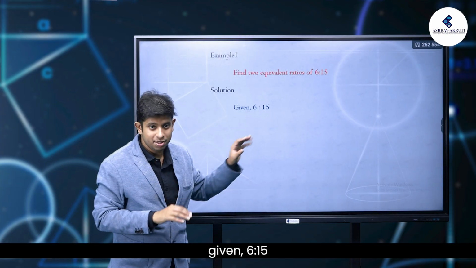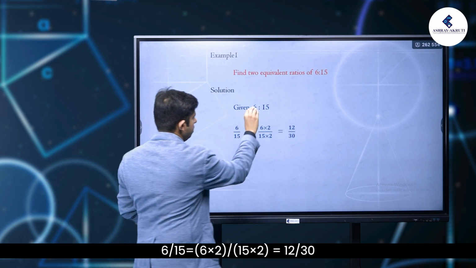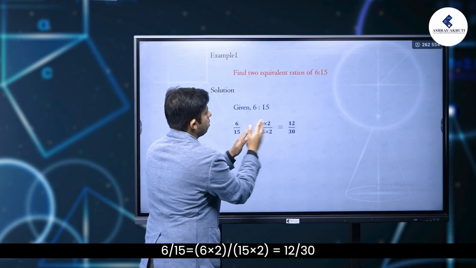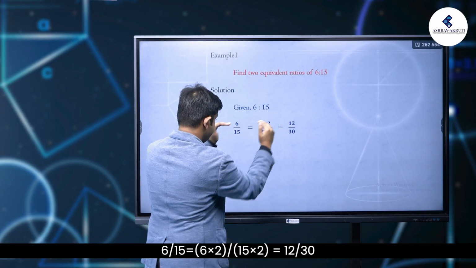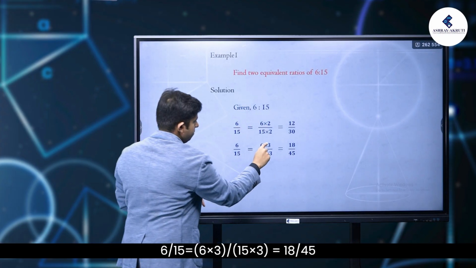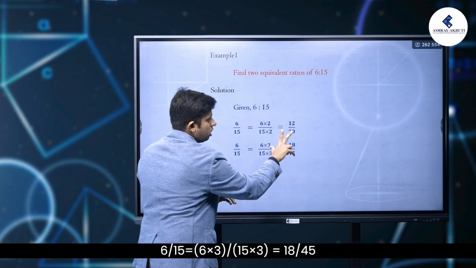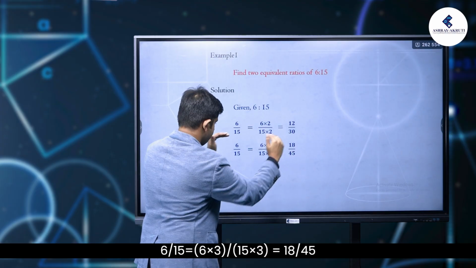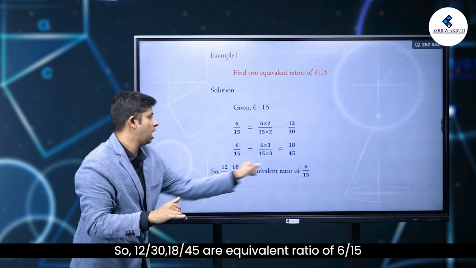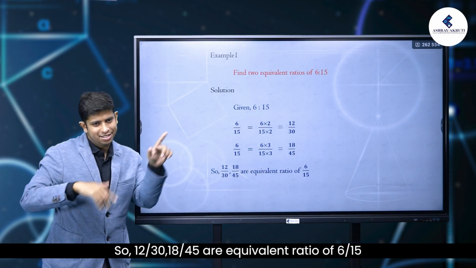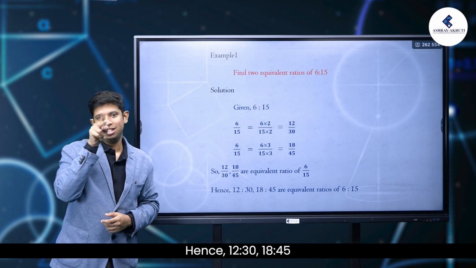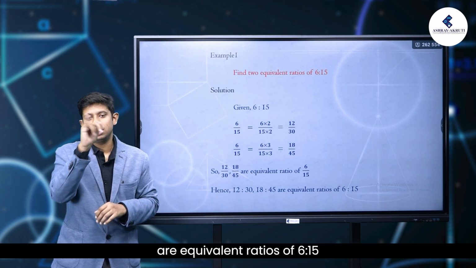Given 6 is to 15. 6/15 = (6 x 2)/(15 x 2) = 12/30. 6/15 = (6 x 3)/(15 x 3) = 18/45. So 12/30 and 18/45 are equivalent ratios of 6/15. Hence, 12 is to 30 and 18 is to 45 are equivalent ratios of 6 is to 15.